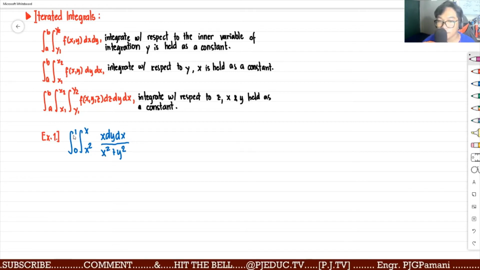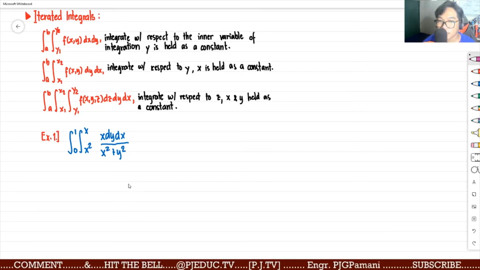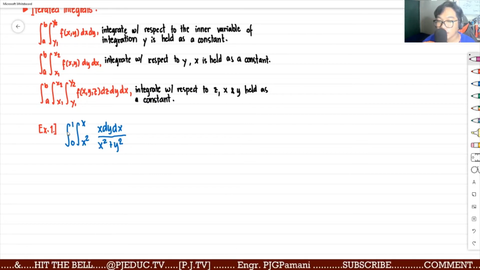So considering this particular iterated integral, the integral of 0 to 1 with respect to the integral of x squared to x, such that you are now asked to integrate x dy dx over x squared plus y squared.